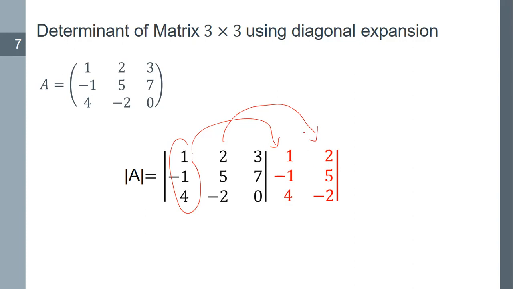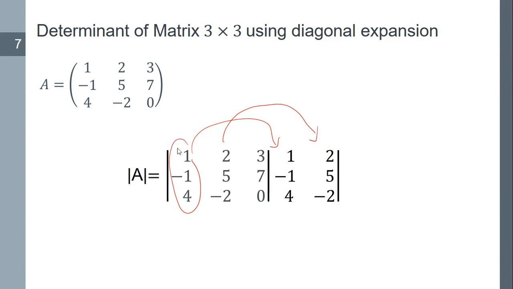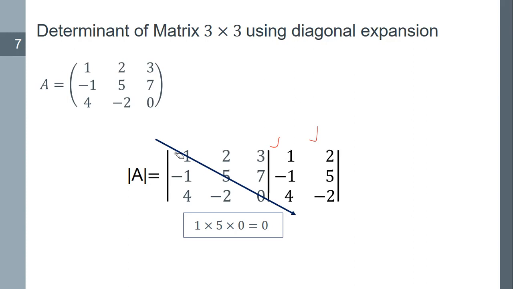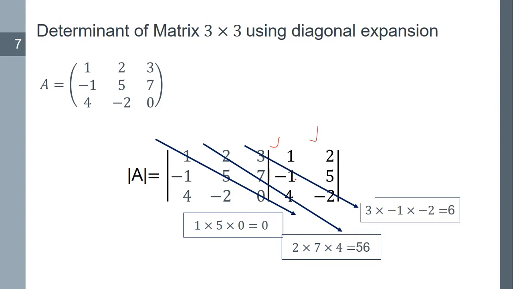Then from the leftmost going down strictly diagonally, you use multiplication. 1 times 5 times 0 is 0, and you do 2 times 7 times 4, and the last one is 3 times negative 1 times negative 2. This is the one in blue color.